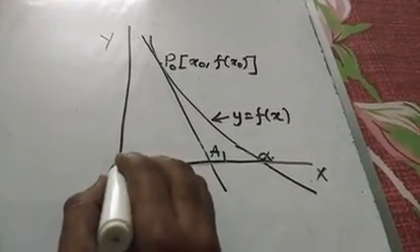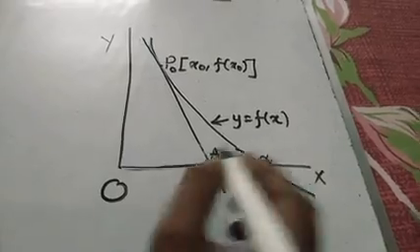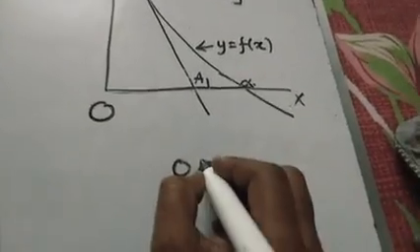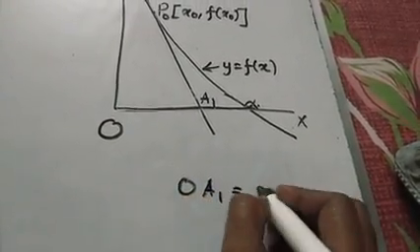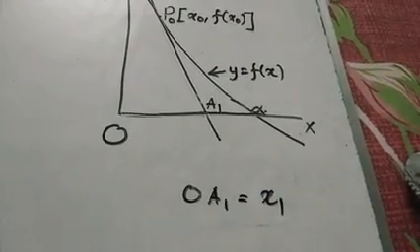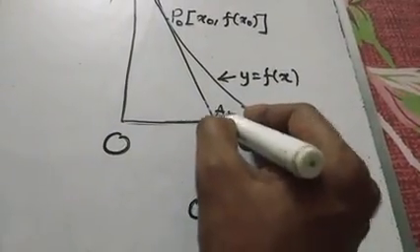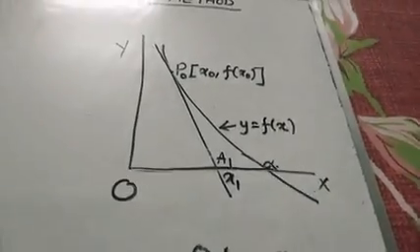We suppose that the distance from O to A1 is x1. That means this point is nothing but your x1.